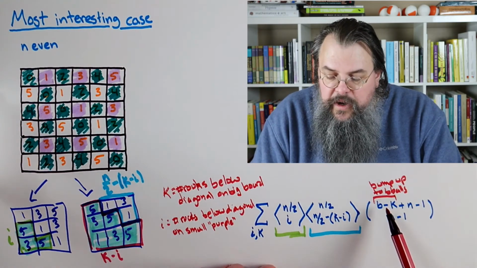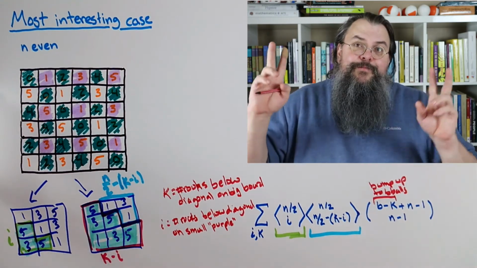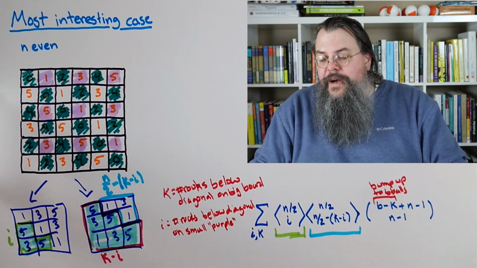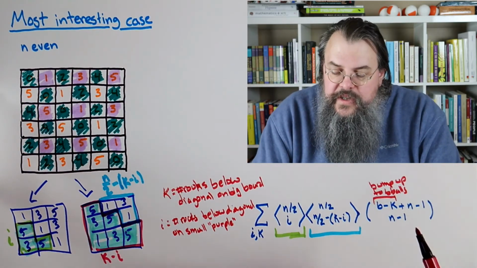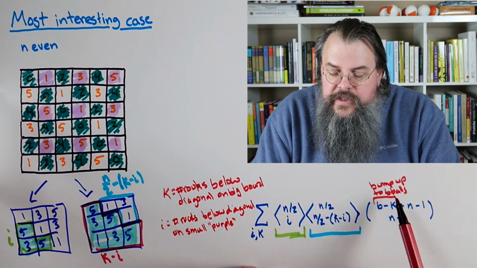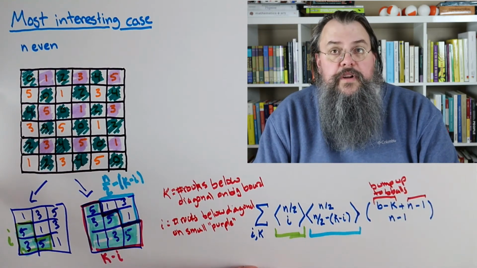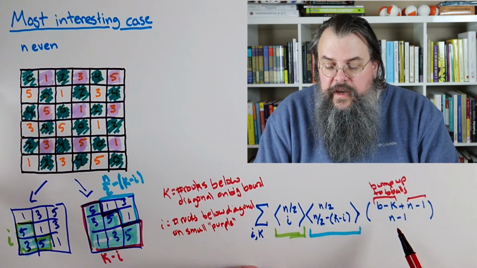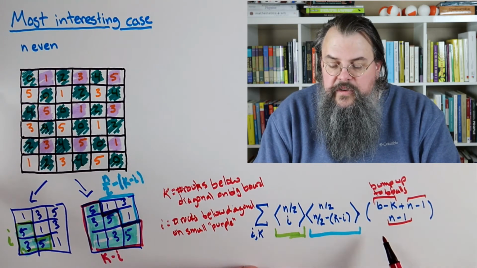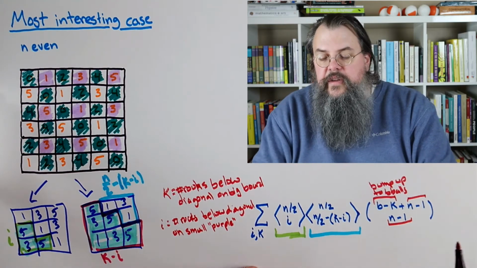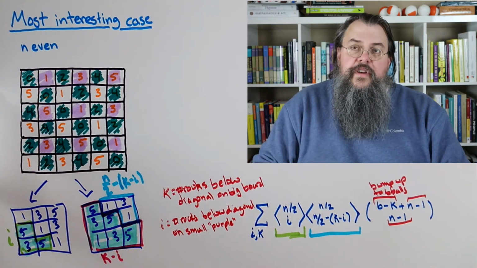So it's the number of balls. Well, okay, I'm thinking balls and bins, but bars and stars. So here, stars, that's b minus k. And here's your number of bars, n minus 1, because we're going to split things into n groups. And so, of course, choose n minus 1. So this part right here gets us all the way up to b balls.